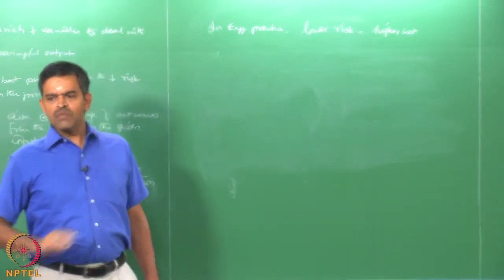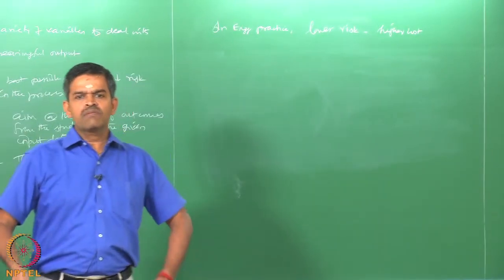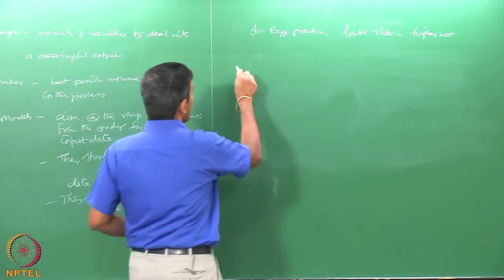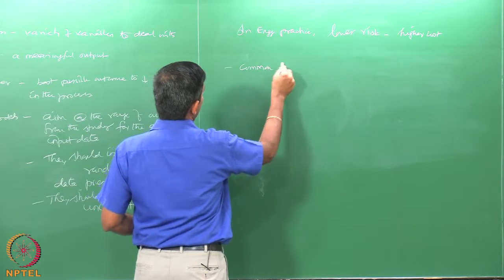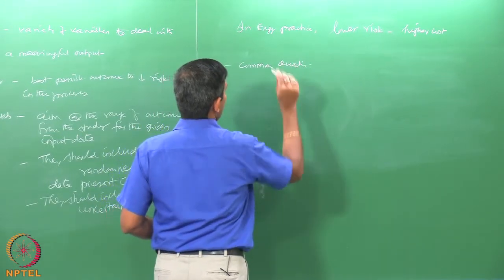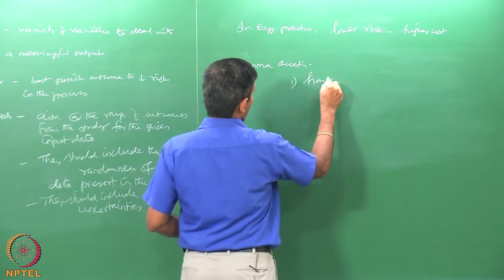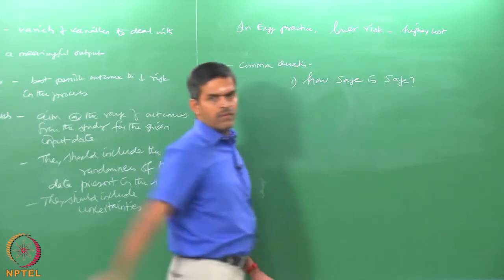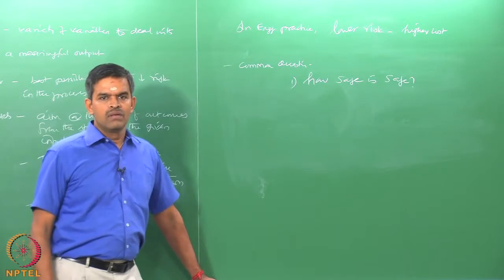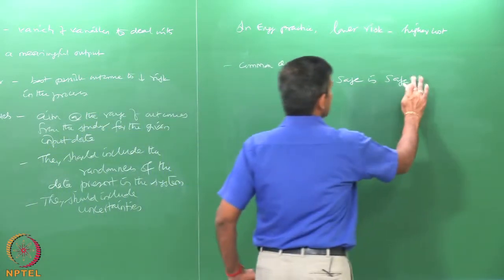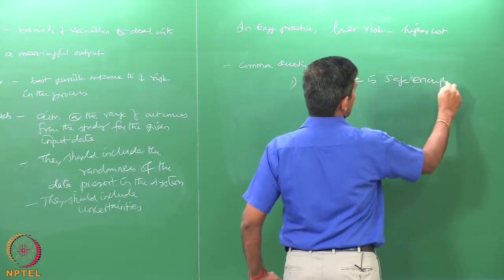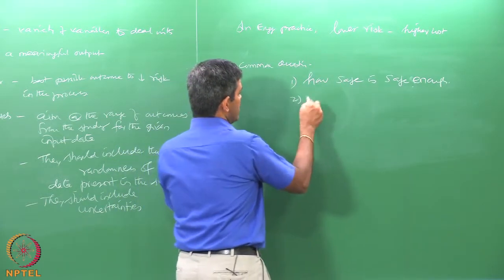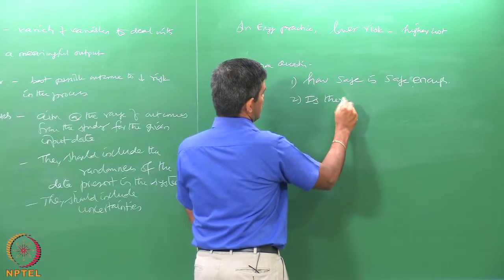Hence, a common question which comes in a reliability engineer's mind is, how safe is safe? At what level, or how safe is, let us say, safe enough. On the other hand, is there any acceptable risk?